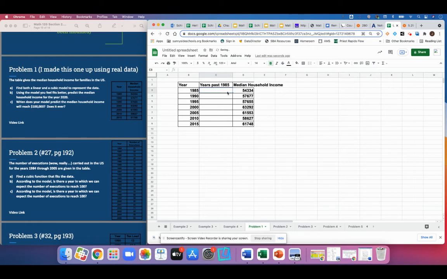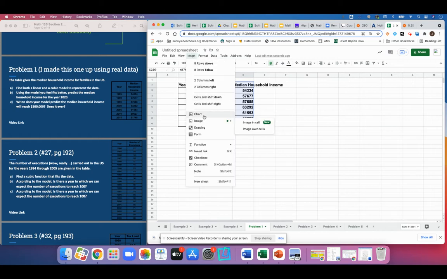And for this one, or you could even do years past 1980, you would end up with basically the same thing. So years past 1985 is 0, that's 5, that's 10, 15, 20, 25, and 30. Those are going to be much nicer numbers to use to make the equations.